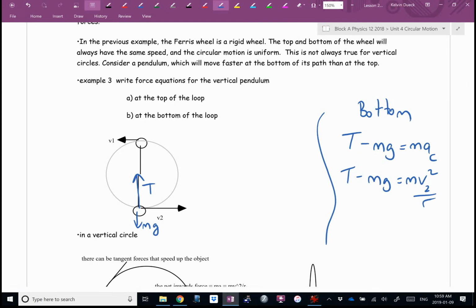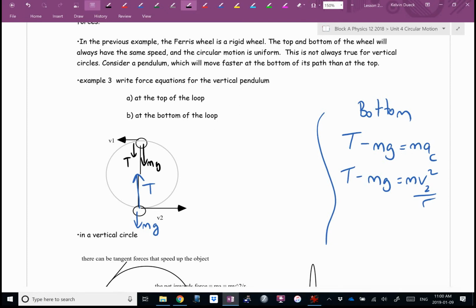What about at the top? This is a job for a free body diagram. What are the forces acting at the top? Get the obvious one. Oh, sorry. mg. What else? Tension. Which way? Oh, okay. I got two forces pointing inwards. Who's winning? It's a bit of a trick question.